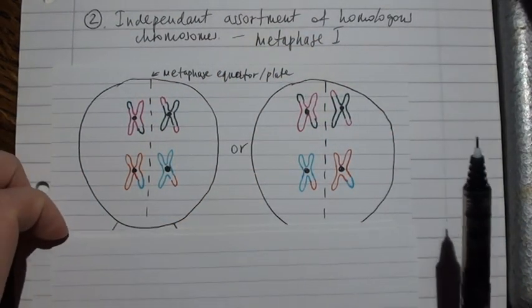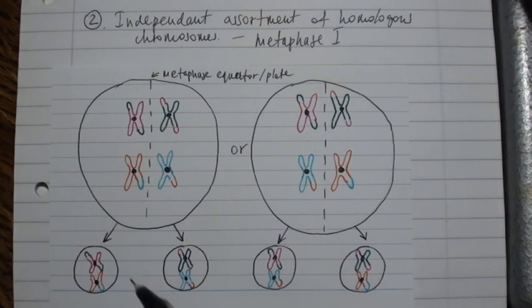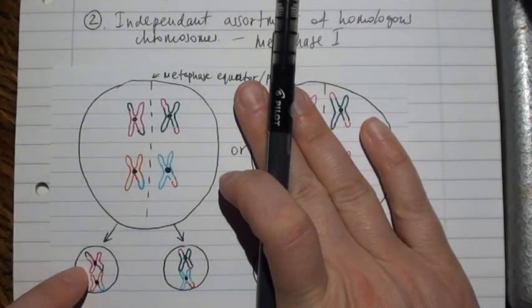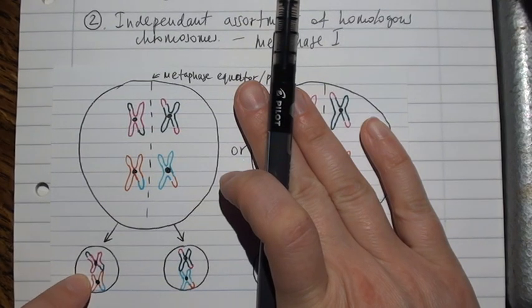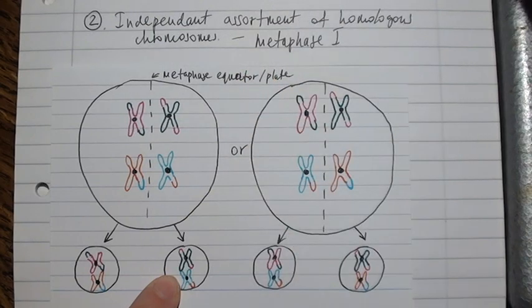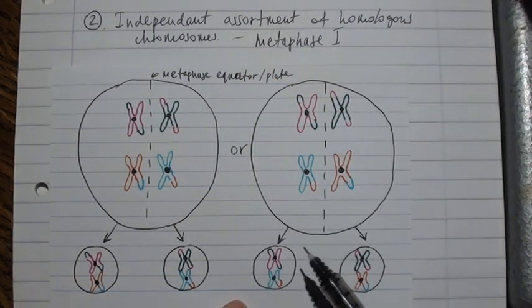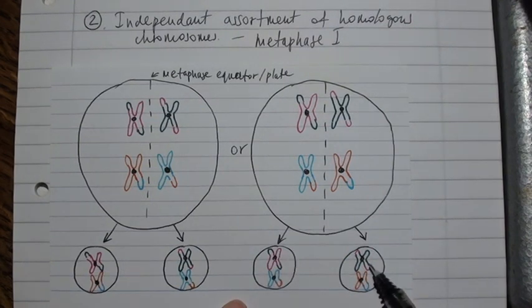So the end result in this scenario is mostly pink and red chromosomes together, and here mostly green and mostly blue together. In my second option, it's the pink and the blue which would be grouped together, and the green and the red would be grouped together.